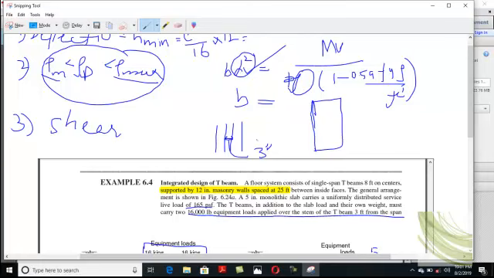There are minimum ACI spacing criteria, because if your stirrups are too close, placing of concrete will be difficult. So if your depth is less, then your spacing of stirrups will be close. So we need to check these three criteria.